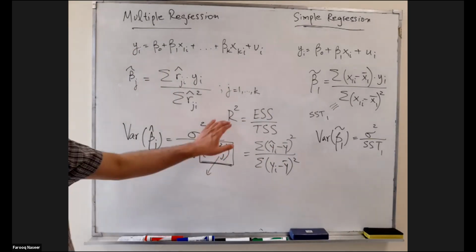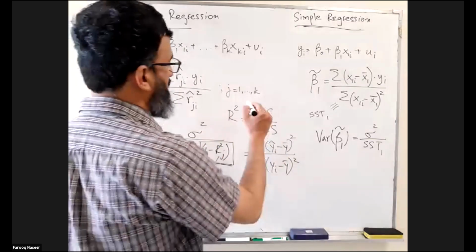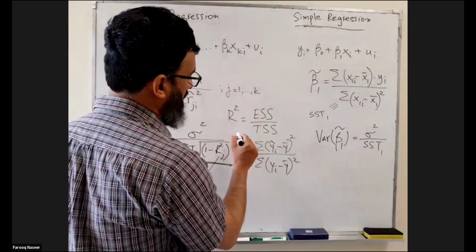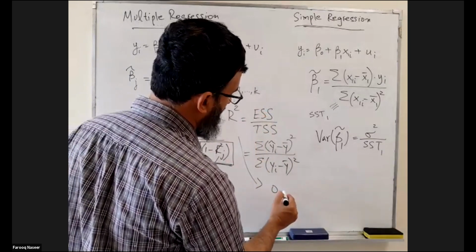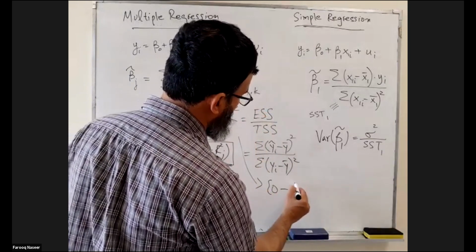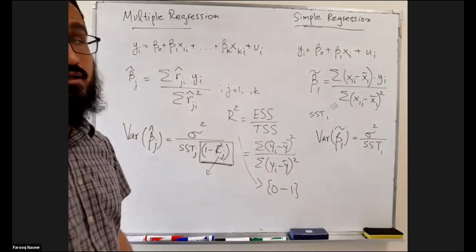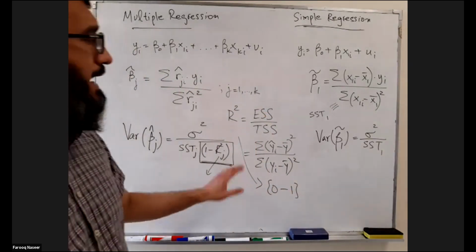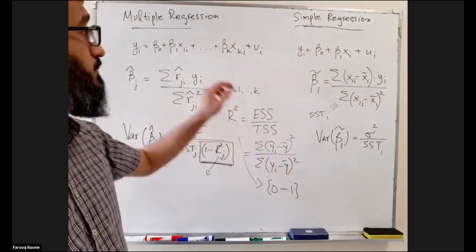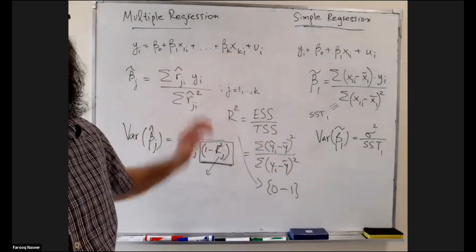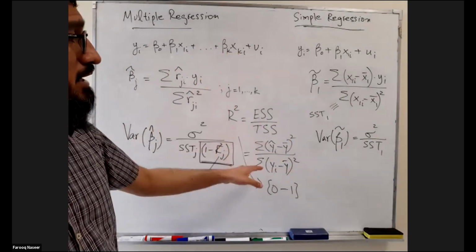This r squared is a goodness of fit measure, and we can show that it varies between 0 and 1. As the r squared value goes up, it means my model explains a lot of the variation in my y variable.